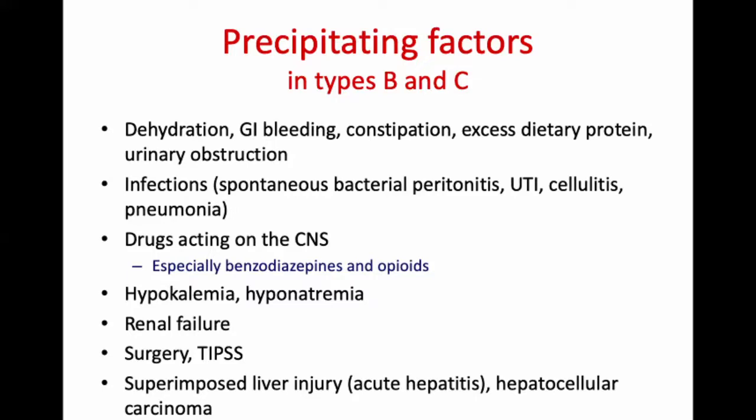So these are the precipitating factors. These must be there in addition to the shunting in types B and C. So when we are doctors who receive patients with hepatic encephalopathy, if they are type B or type C, we must look for these precipitating factors and correct them, because otherwise they won't recover.